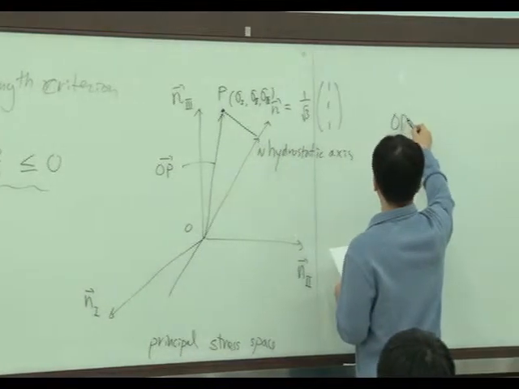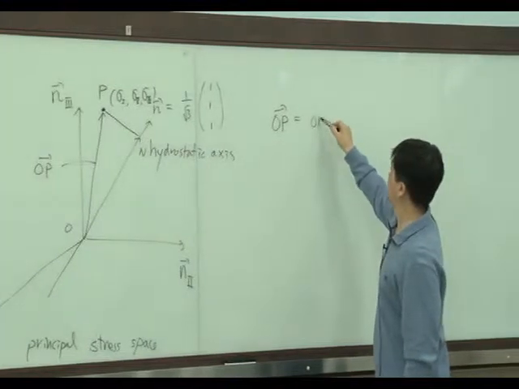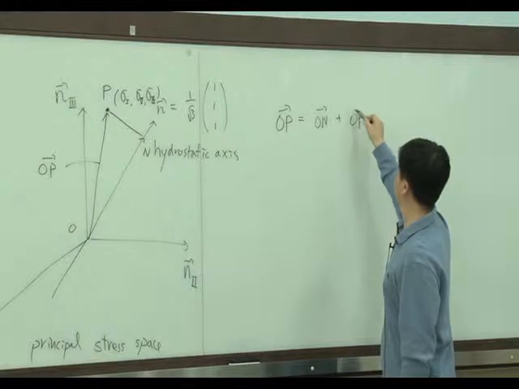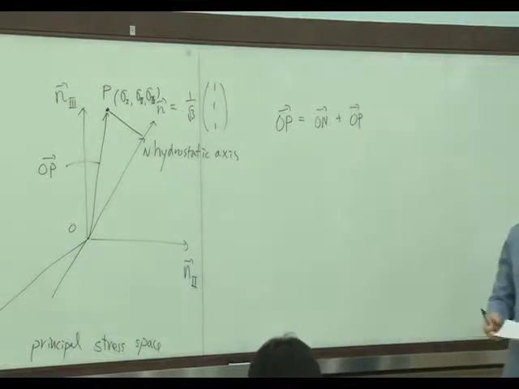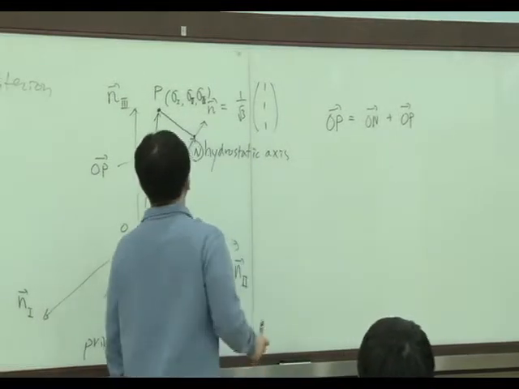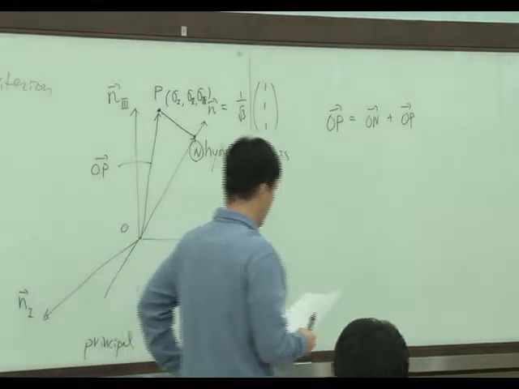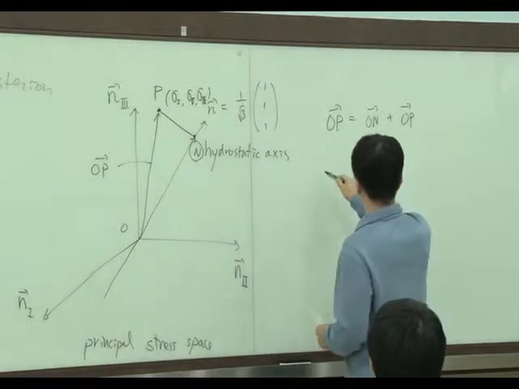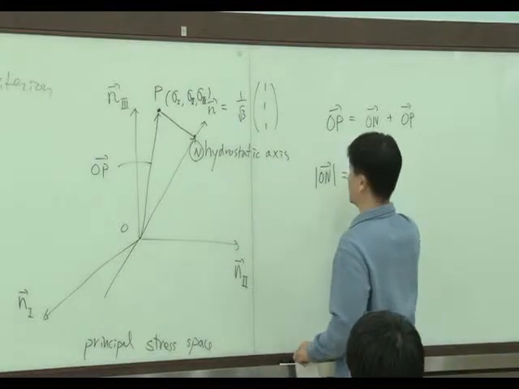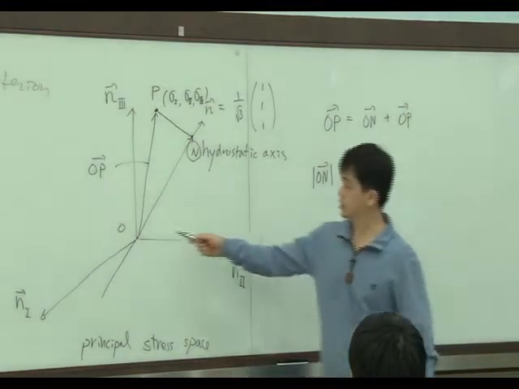So vector OP equals ON plus NP, right? This is point N here. So let's calculate the magnitude of ON. How can I calculate the magnitude of ON, from here to here?